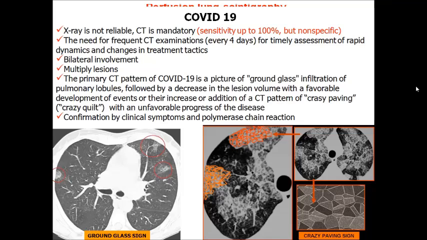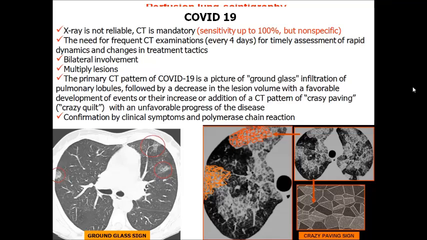The primary CT pattern of COVID-19 is a picture of so-called ground glass infiltration of pulmonary lobes, followed by a decrease in the lesion volume with favorable development of events, or the increase or addition of the CT pattern so-called crazy paving, with an unfavorable progress of the disease.